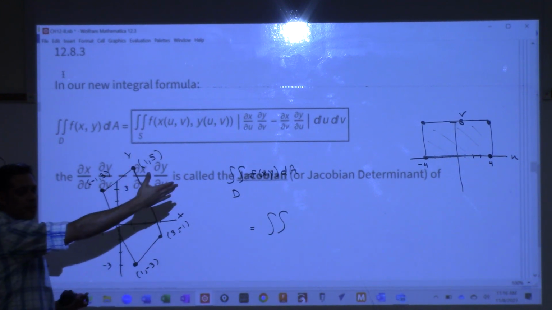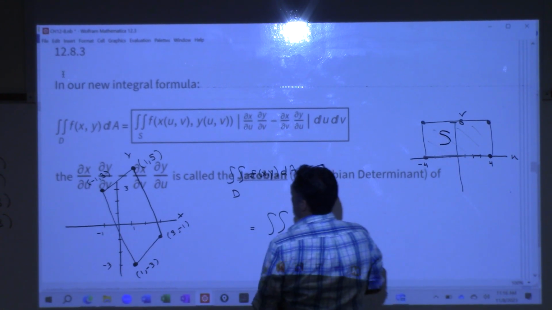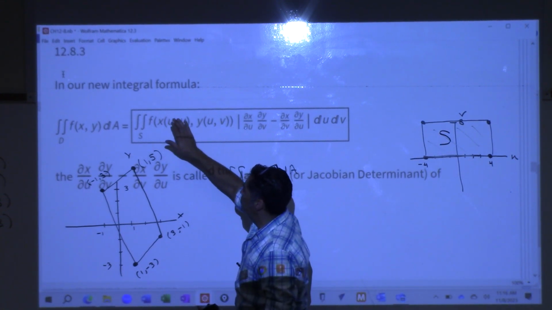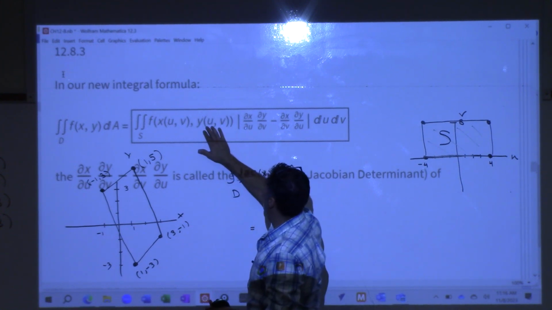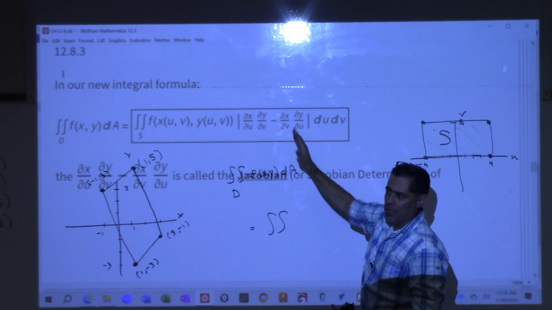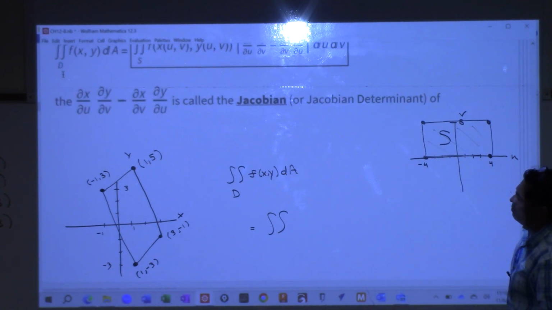So s is the region in that new space, the UV plane. And then it'll be f, but you got to switch your x's and y's over using your transformation. And then you have this thing, the Jacobian, right? So let's see if we can plug that in.